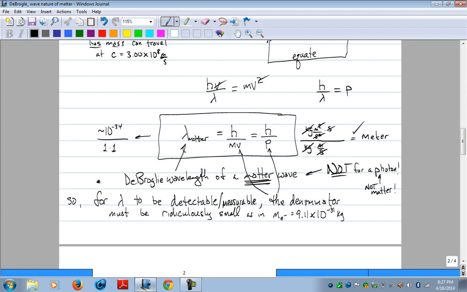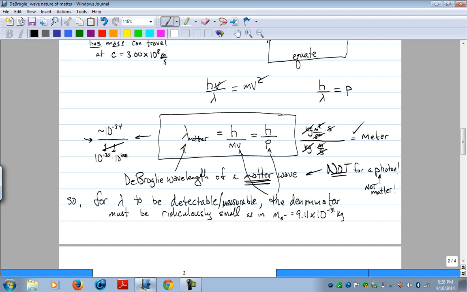So it's physically impossible to detect matter waves that are not large enough. In order to have this ratio be large enough to be detected, you need a very low mass particle in the denominator, around say 10 to the minus 30, and something that's not traveling too fast, say on the order of 10 to the 5th or 6th.